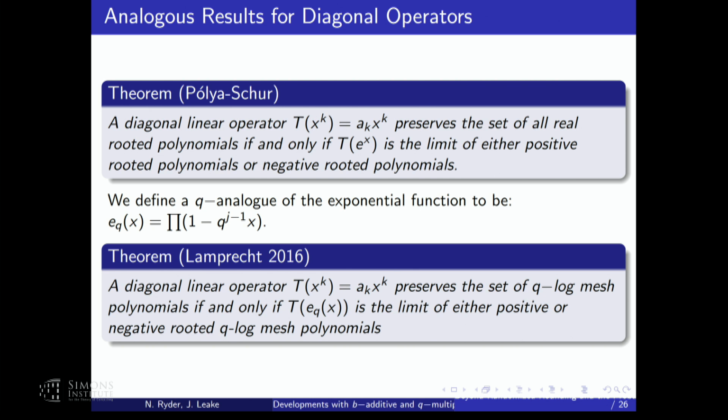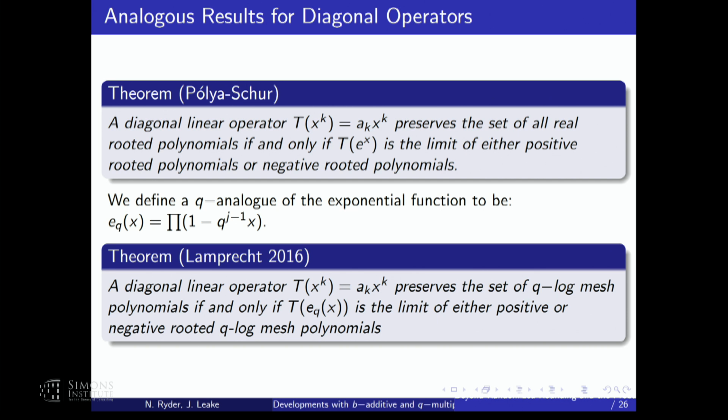So this one is no longer about b mesh like the shift operator one was. This one's about log mesh, so the ratios of the roots. And it says that a diagonal operator preserves the set of q log mesh polynomials if and only if T of the q exponential function is the limit of either positive or negative rooted q log mesh polynomials. And here the q exponential function is this guy.